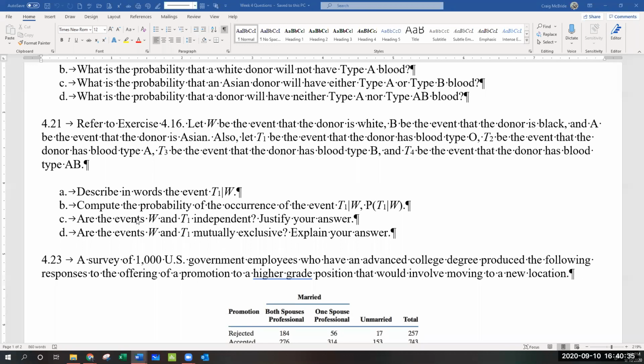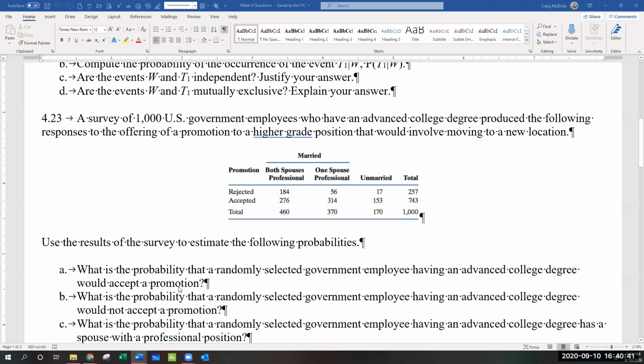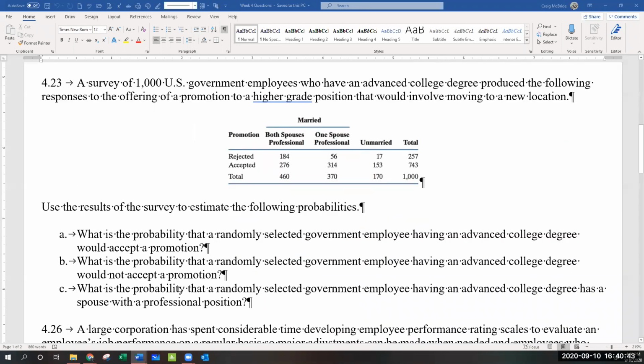Okay, making sense. So for the 423, I don't know if it's really that easy, or I am missing something. For A, for example, what is the probability that a randomly selected government employee having an advanced college degree would accept a promotion? So I have like 276 over 920.